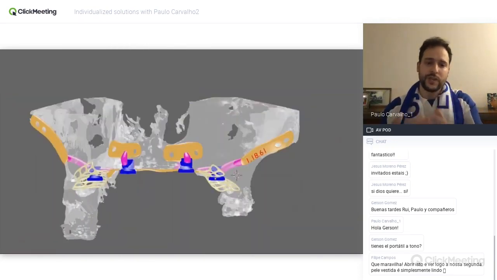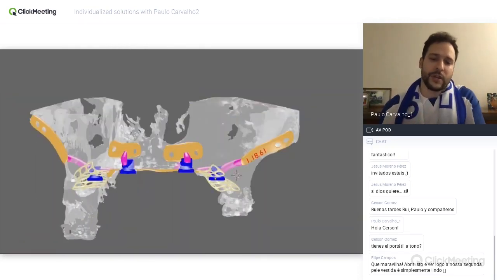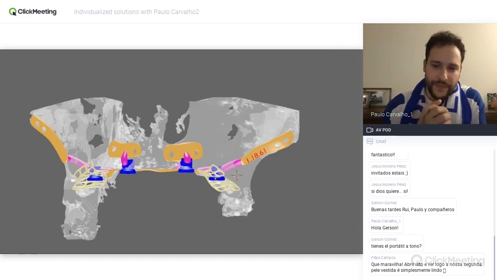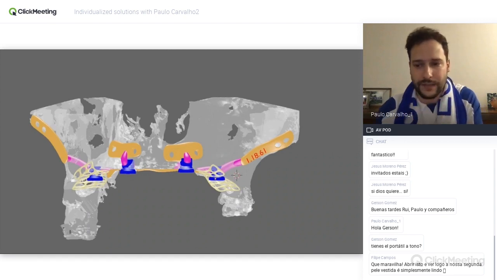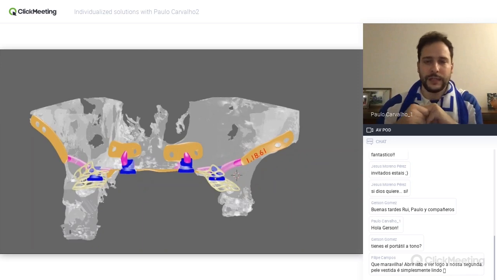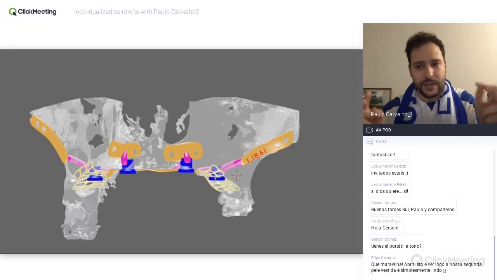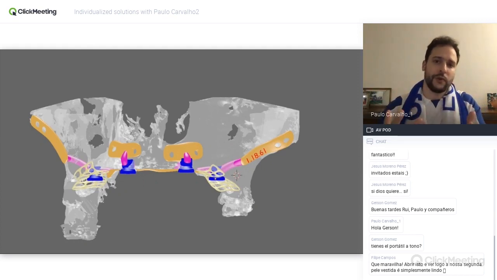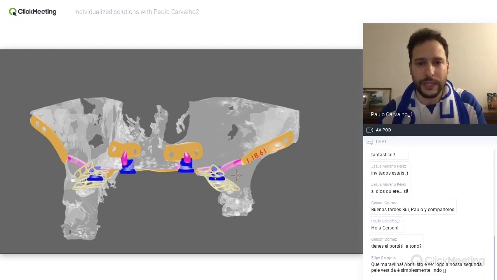So we are using the most cortical fixation we can. We are using the bone close to the frontal bone, close to the nasal bone. We are using the palatal bone. We are using the zygomatic arches. So these patient-specific individualized implants are being used for huge atrophies where we can't use conventional implants.